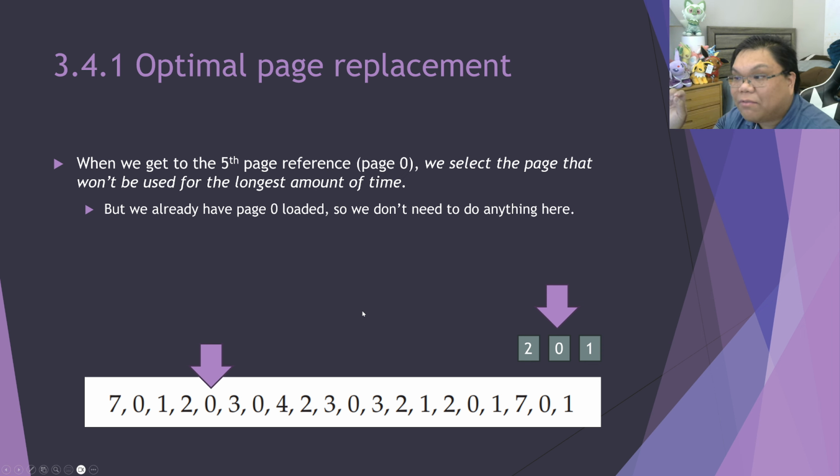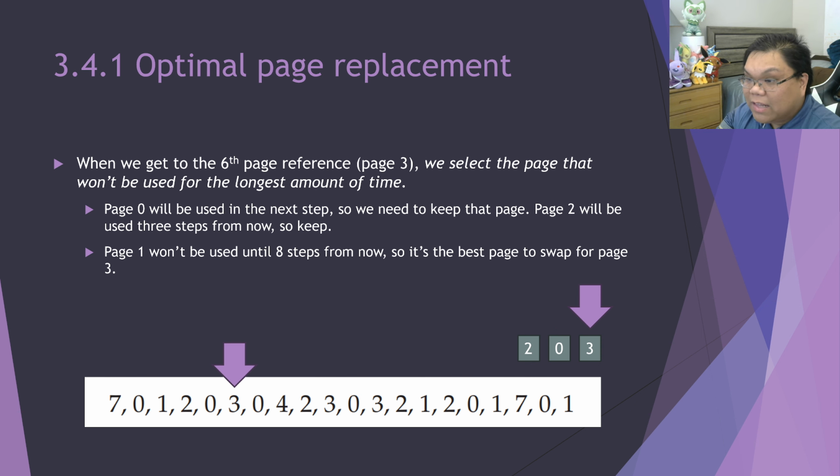When we get to page 5, we perform this algorithm again, but look, we already had page 0 loaded into memory, so we don't need to do anything here. Let's get to page 6. Now we are trying to access page 3. We select the page that won't be used for the longest amount of time.